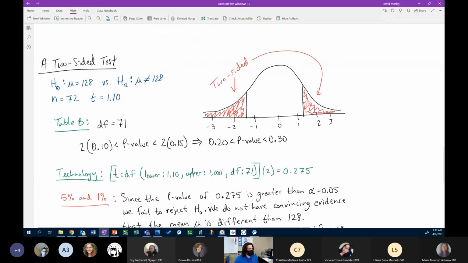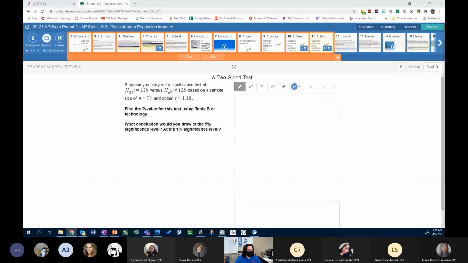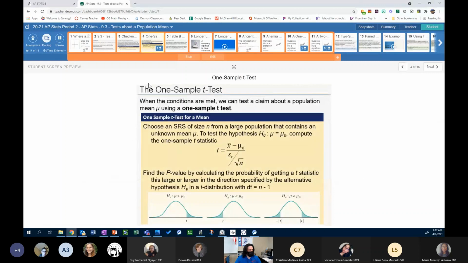So here is some work for this. Now again, when we have that two-sided situation, we basically get twice the p-value. We use symmetry, right? If we look back at screen 4, when we're in a two-sided situation where mu is just not equal to the null hypothesis, we get two tails in our distribution: the proportion greater than the t statistic we found and the proportion less than the negative t statistic.